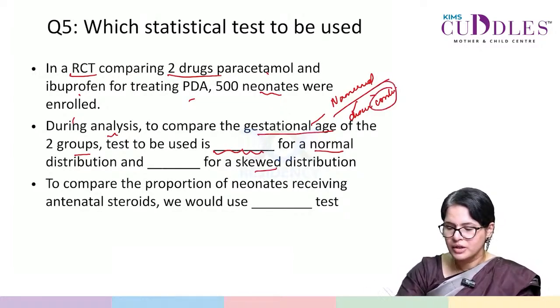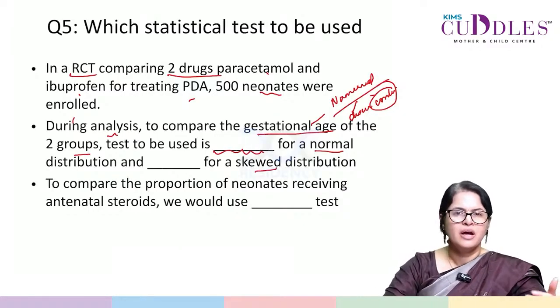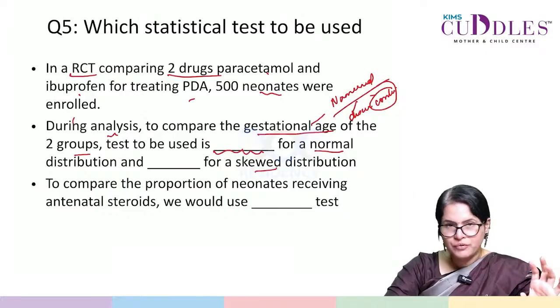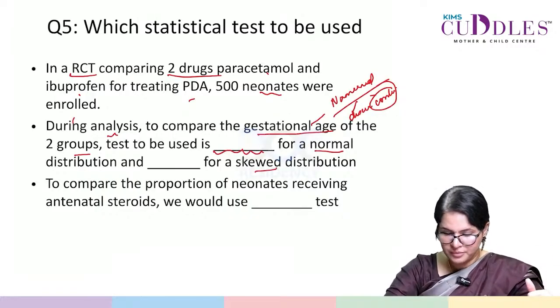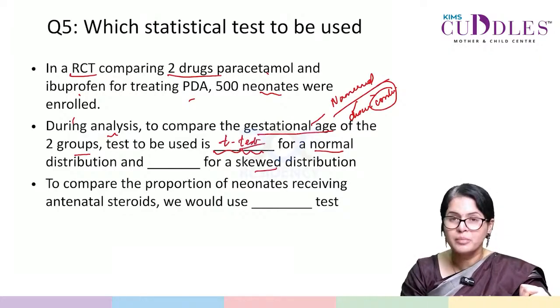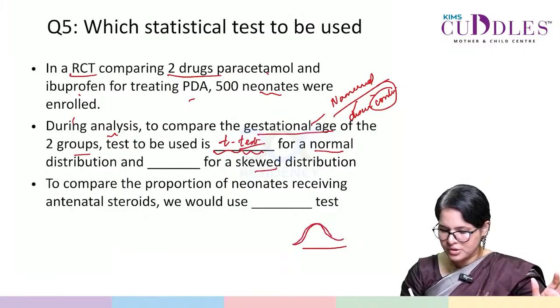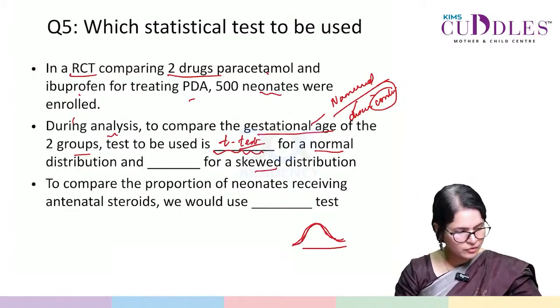Examples of continuous variables would be birth weight in grams, hemoglobin of the baby, hematocrit of the baby, serum sodium level, etc. Now if you have a continuous numerical variable, usually we use the t-test for comparison. The simple t-test is used if it is normally distributed, which means in each of the groups, if you plot the gestational age across the data set, the distribution will look like a Gaussian or normal curve.